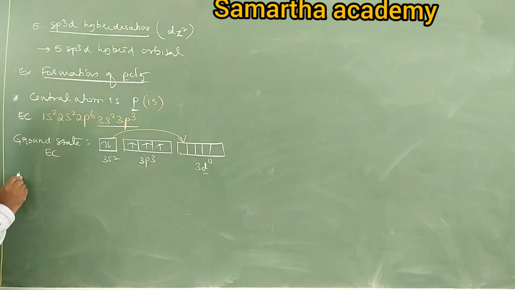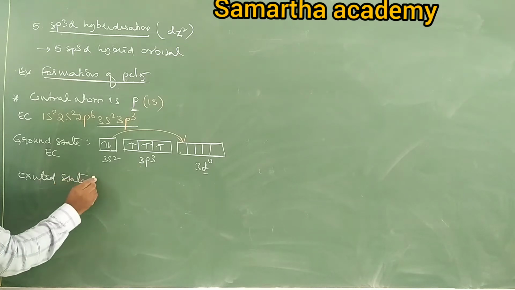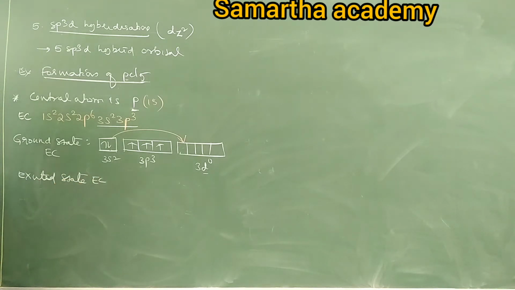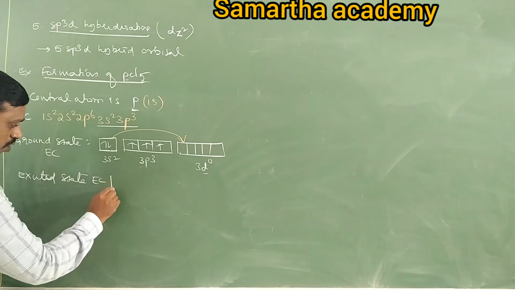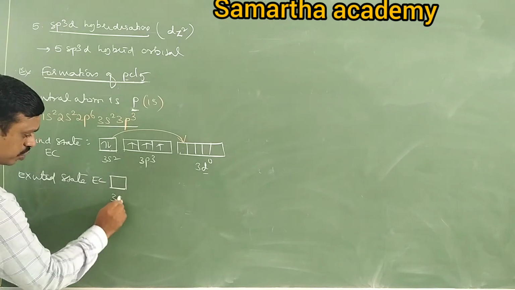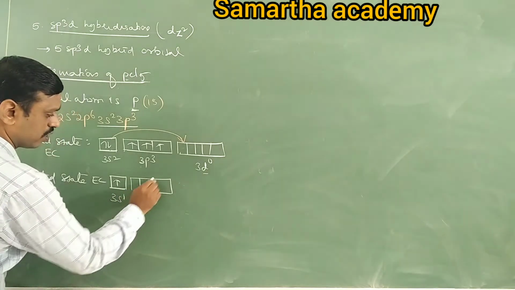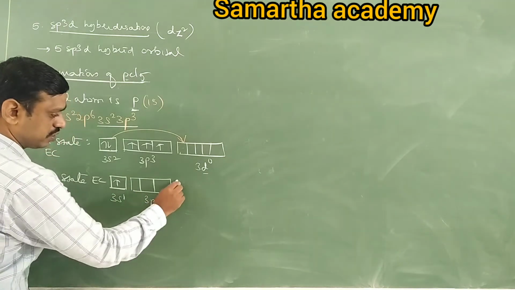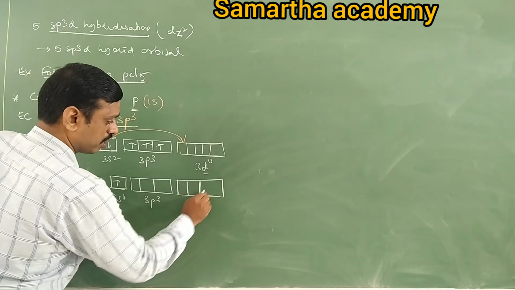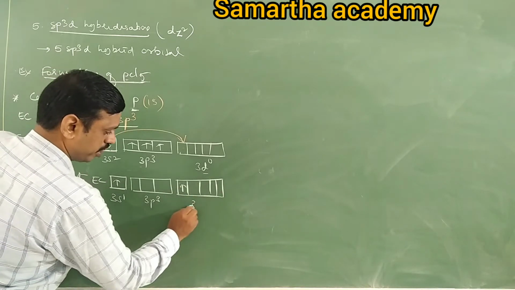In the excited state electronic configuration, 3s2 becomes 3s1, 3p3 stays as it is, and 3d becomes 3d1.